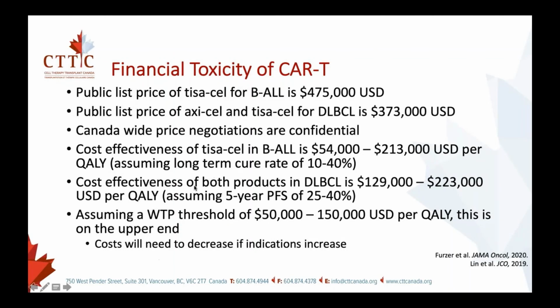But if you look at a cost effectiveness of Tisa-cel in B-cell ALL from the one study, it was up to 213,000 per quality adjusted life year, and of both products in DLBCL of up to 223,000 US dollars per quality adjusted life year.